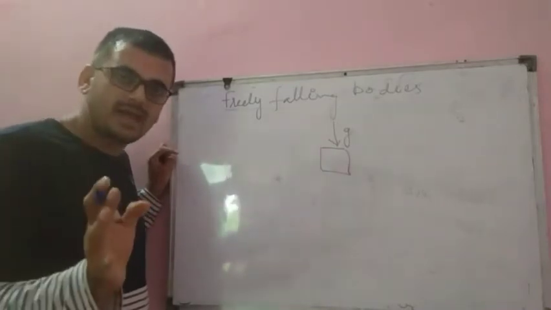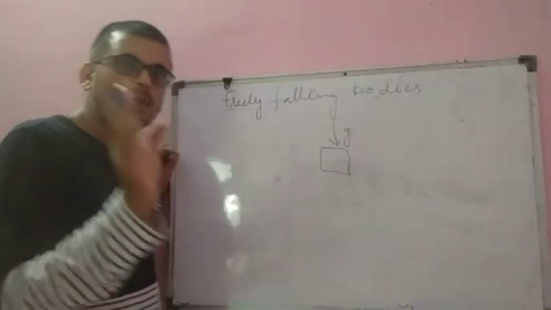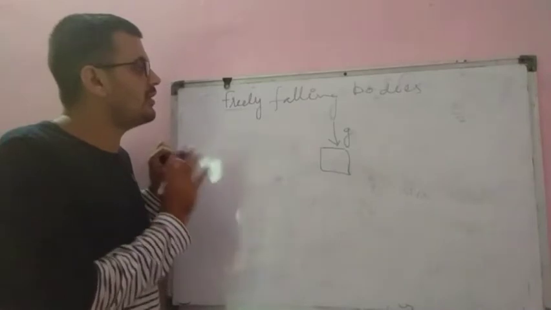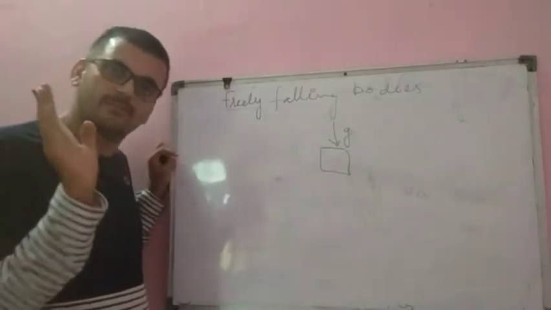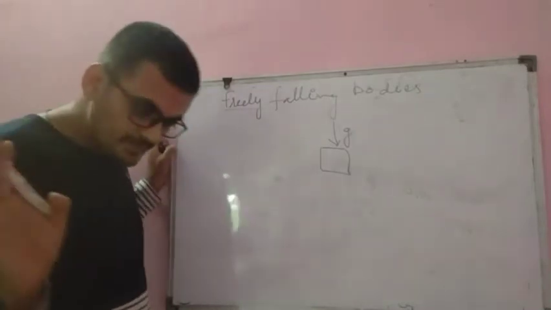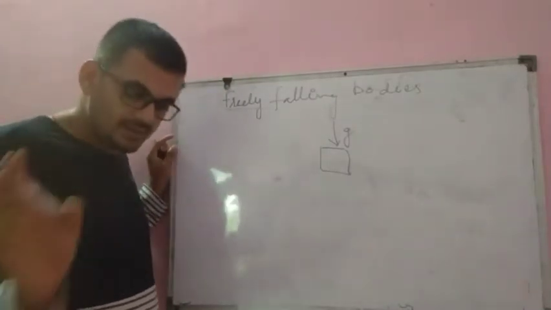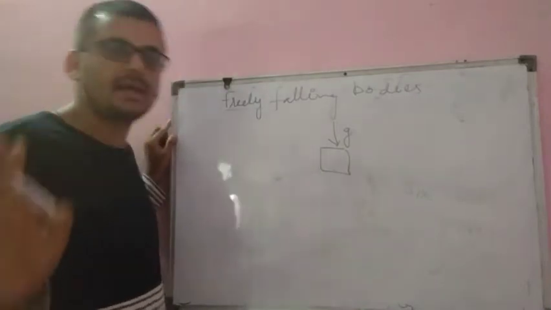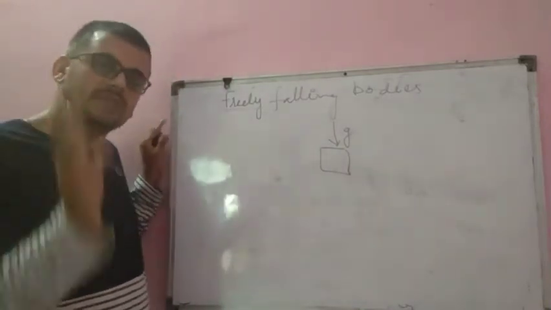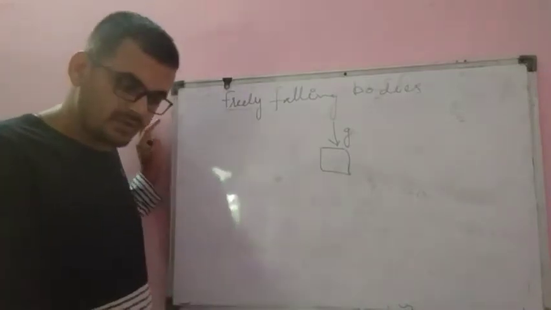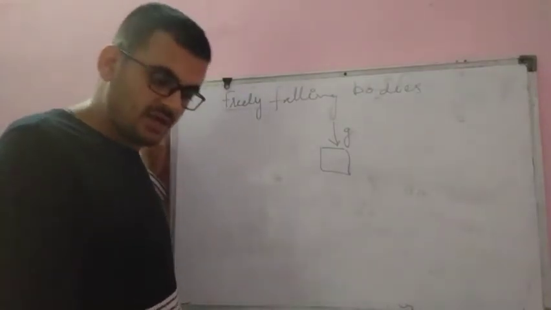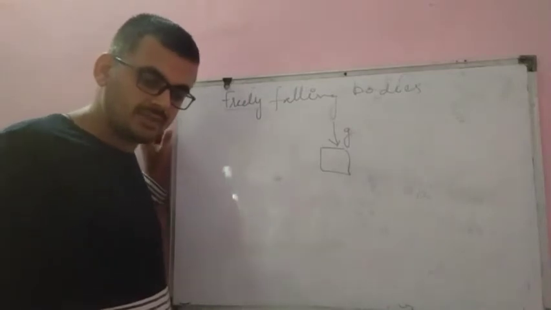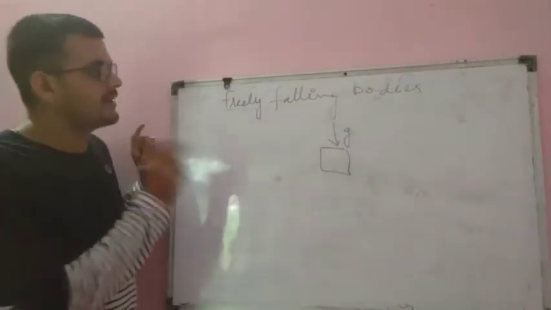Motion of any object under the gravity only and with constant acceleration is called free fall, or motion of a freely falling body. In the book this definition is already written: the motion of a body falling under the effect of gravity alone and with a constant acceleration is known as a freely falling body.